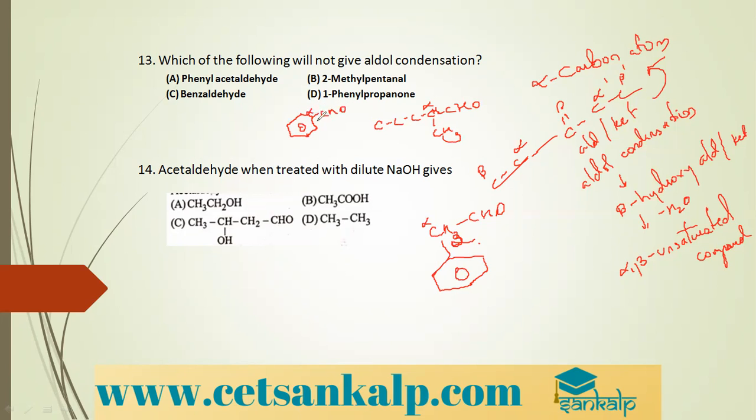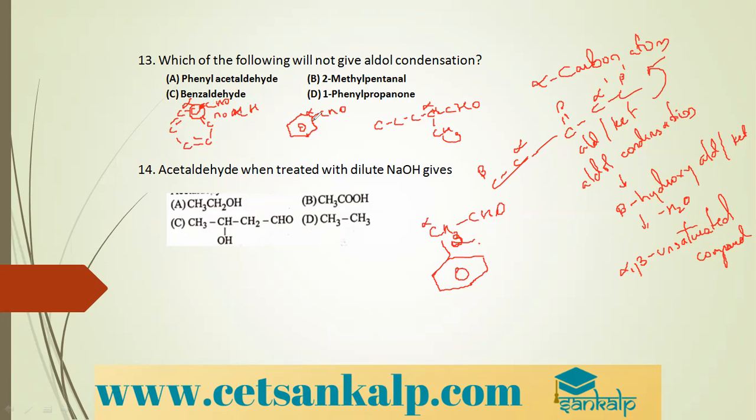There is an alpha carbon, but it is not having alpha hydrogen, because in the benzene ring, all carbon atoms possess only one hydrogen, but the CHO group is substituted by removing a hydrogen, so this carbon, though it is the alpha carbon, has no alpha hydrogen. So benzaldehyde will not give aldol condensation.